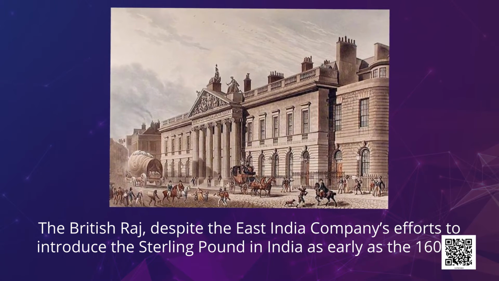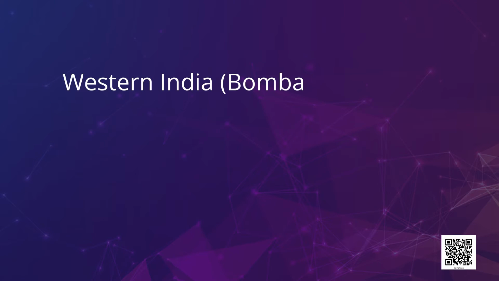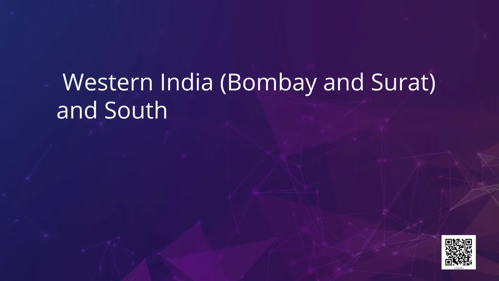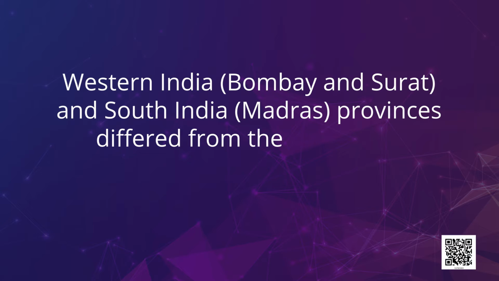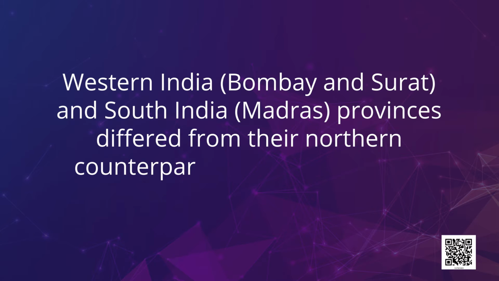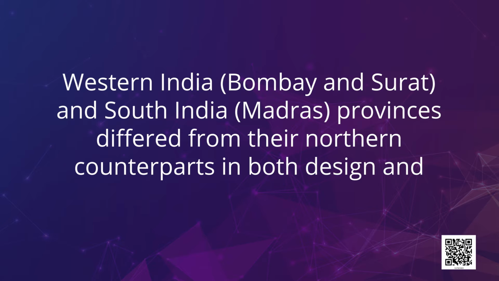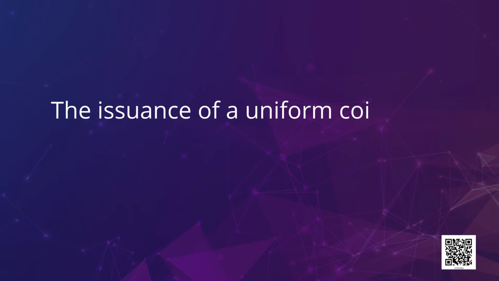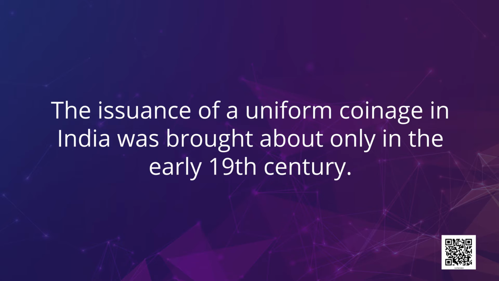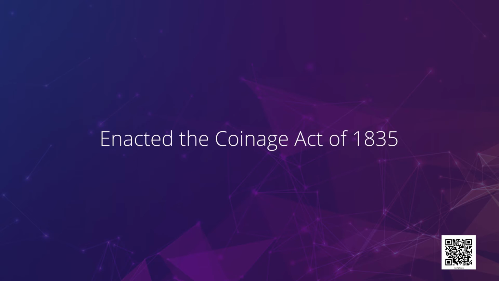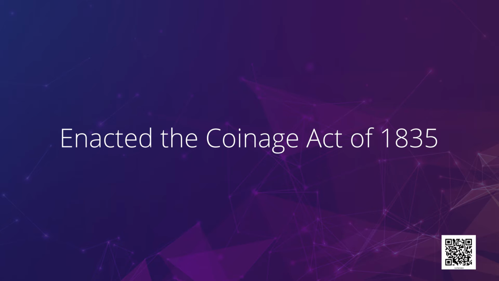The coins issued in Western India, especially in Bombay and Surat, and South India, which was the Madras provinces, differed from their northern counterparts in both design and metallurgy. The issuance of a uniform coinage in India was brought about only in the early 19th century, when the English, who were now the dominant power in the country, enacted the Coinage Act of 1835.